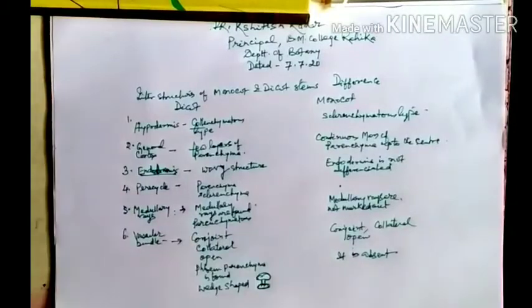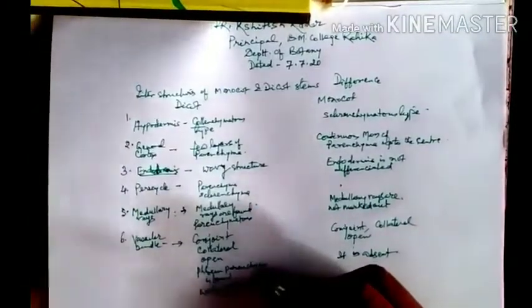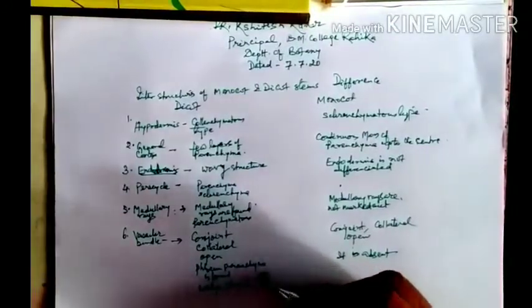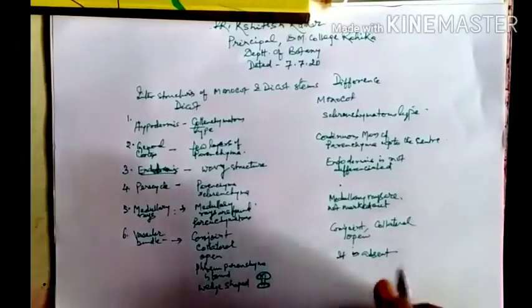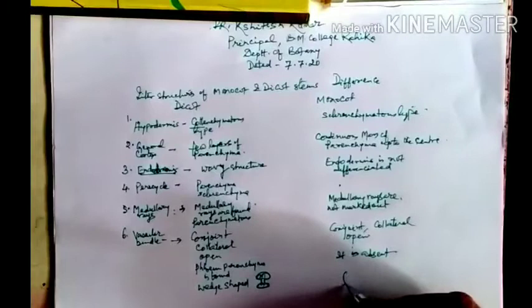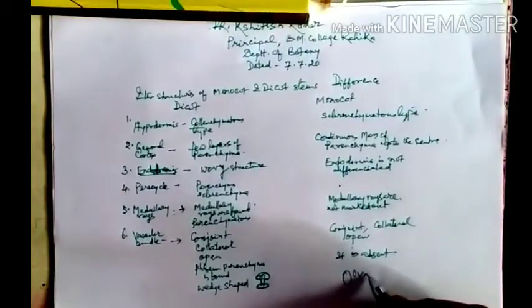This is so arranged that they can also give mechanical strength to the dicot stem. Here such type of arrangement is not found, and it is oval, like egg.